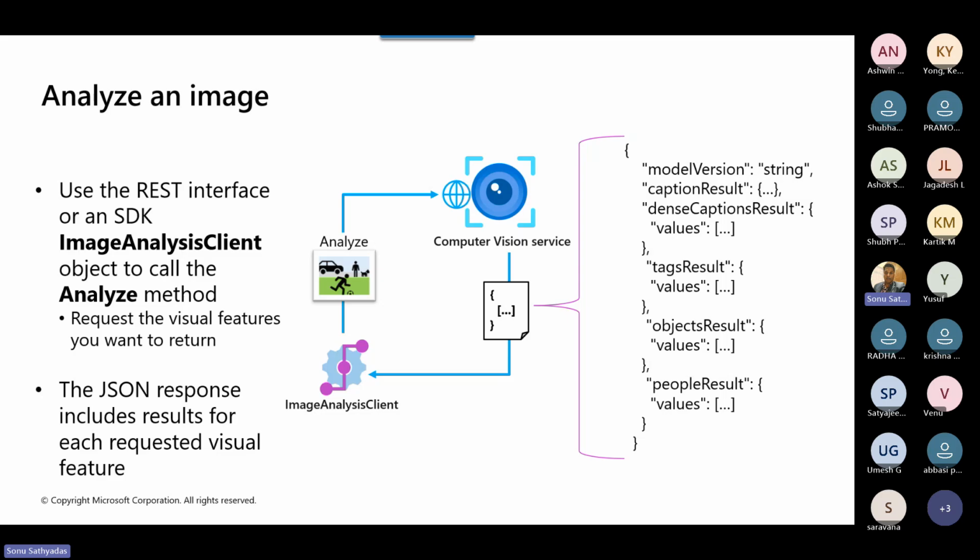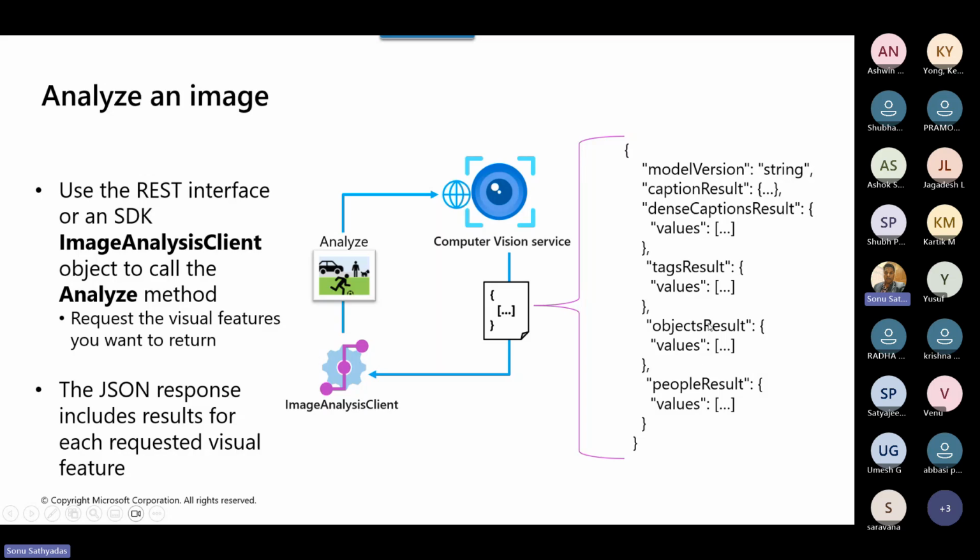But behind the scenes, everything is executed as a REST API. So you will be making a request to the backend API, and it returns the response in JSON format. So that JSON data will contain the analysis result. So what are the different pieces of information you want to extract? That information will be included in the JSON response.